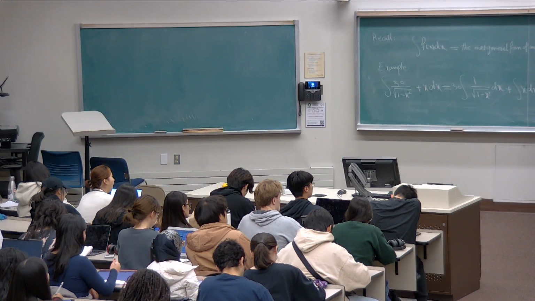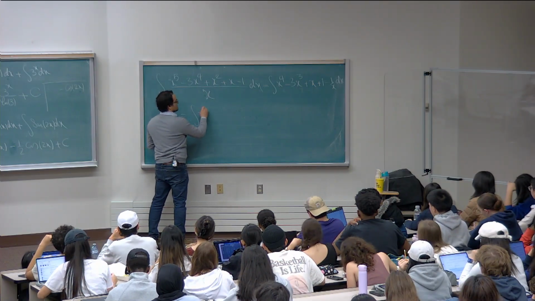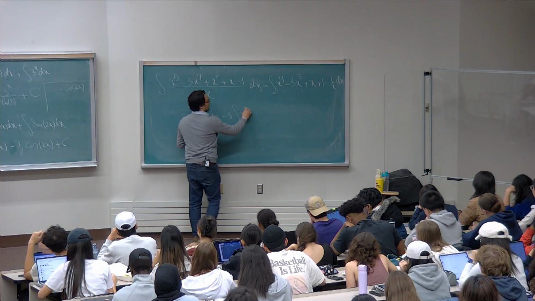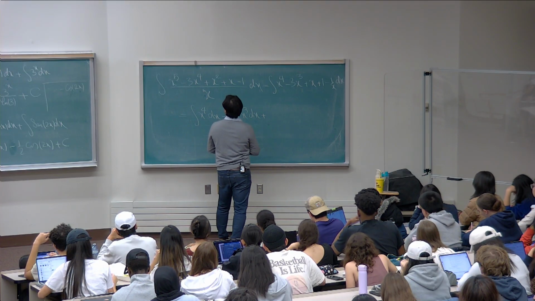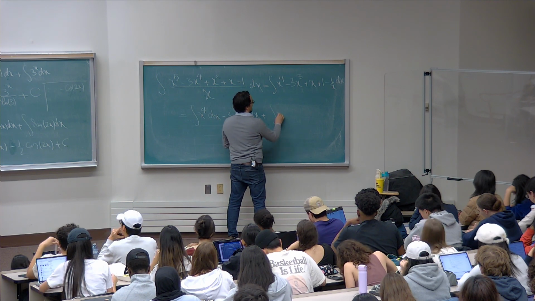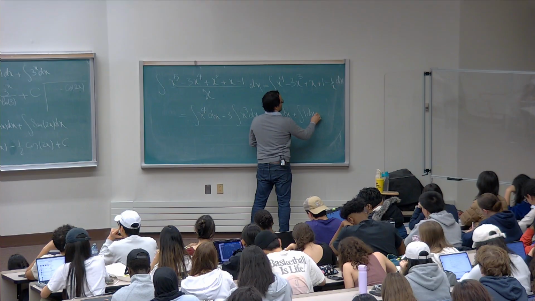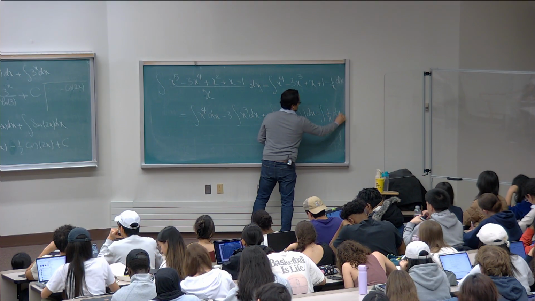Now I have different terms of this thing, which I can go ahead and separate into terms, and in all of these, the power rule will be doing the job for us.